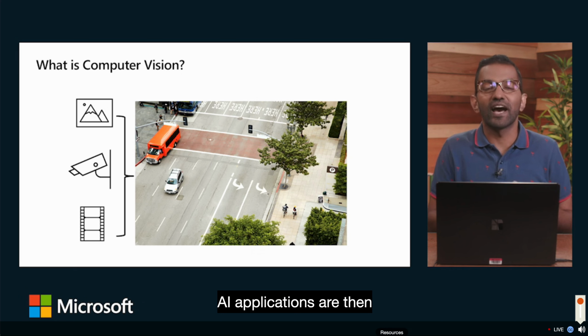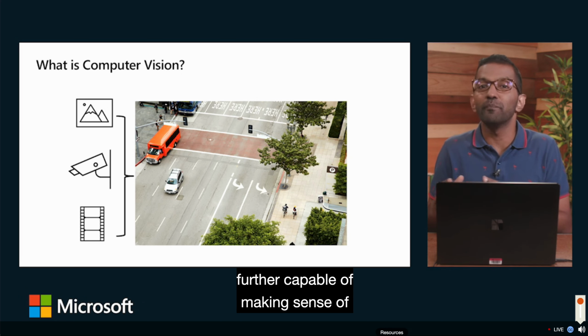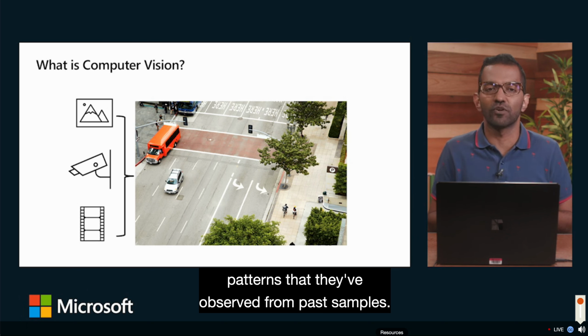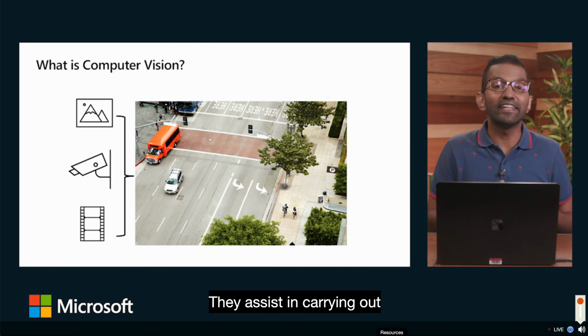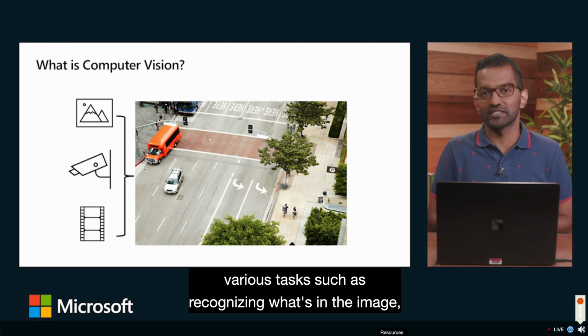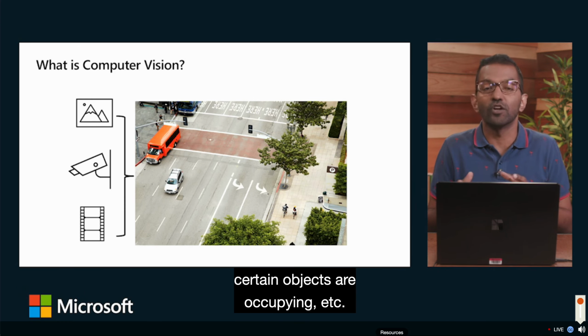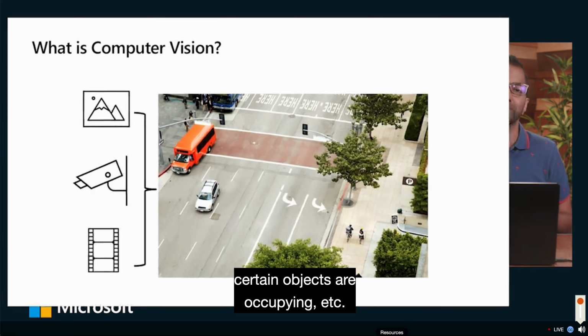AI applications are then further capable of making sense of these images by using patterns that they've observed from past samples, and they assist in carrying out various tasks, such as recognizing what's in the image, sorting out which part of the picture certain objects are occupying, etc.